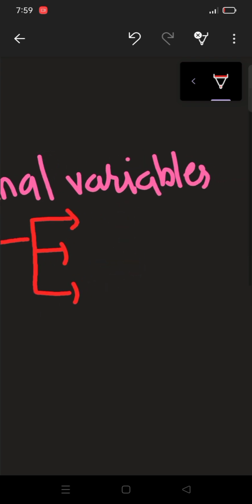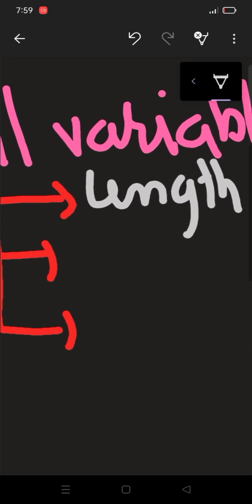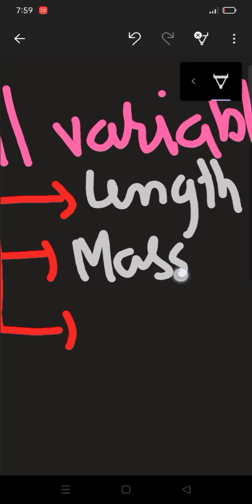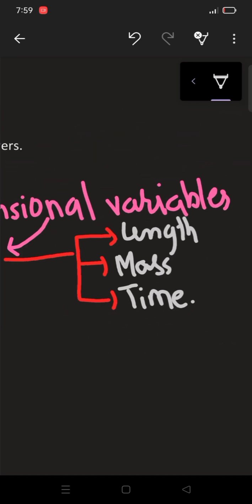Now let's go with the three basic physical quantities, as you all know: length, mass and time. Basic quantities: length, mass and time.